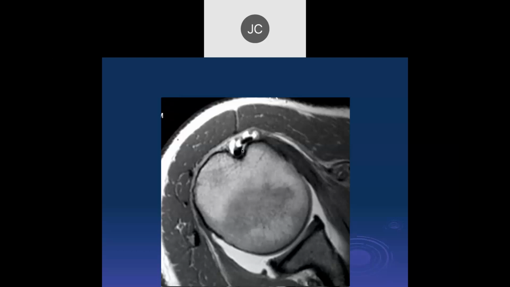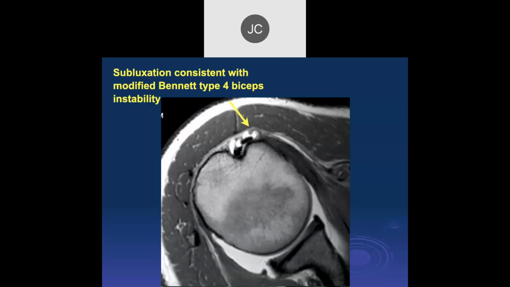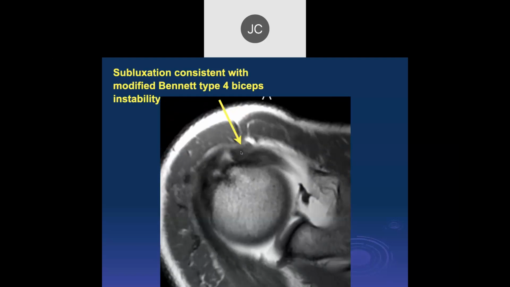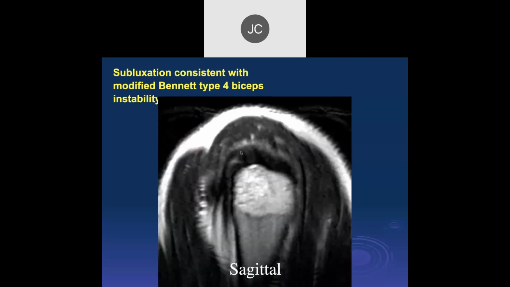So here we have an axial view. I see the biceps tendon, but it looks like a portion of the biceps tendon may be medially perched or subluxed. Yeah, so one of them is subluxed here anteriorly, and the other one is in the proper location. Well, could it be that the biceps is split?